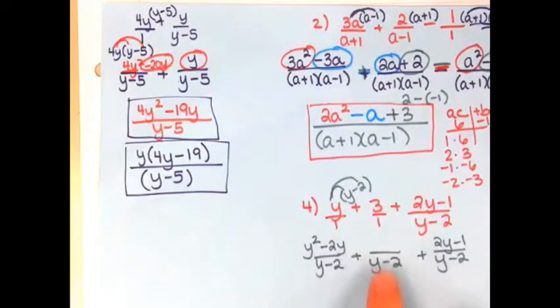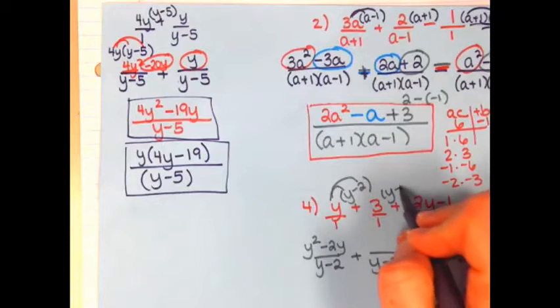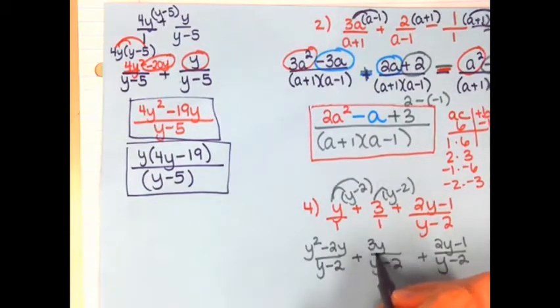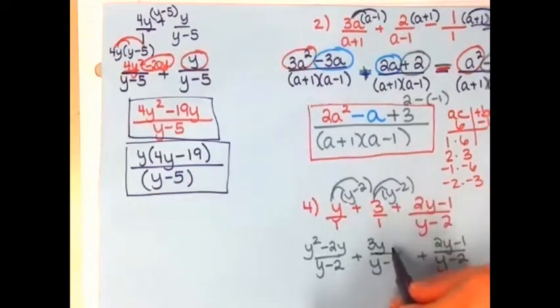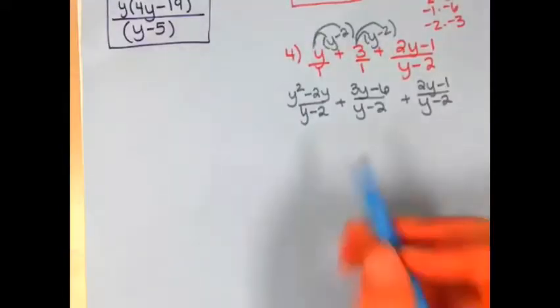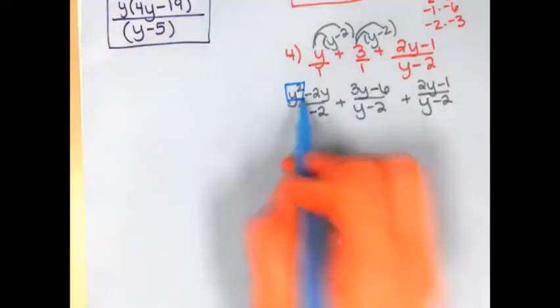And what's y times negative 2? What did I multiply 1 by? Y minus 2 again, right? So what's 3 times y? 3y. And what's 3 times negative 2? Now, do we have like terms? Yeah, let's go ahead and combine our like terms. Y squared. Is there anything alike with y squared?